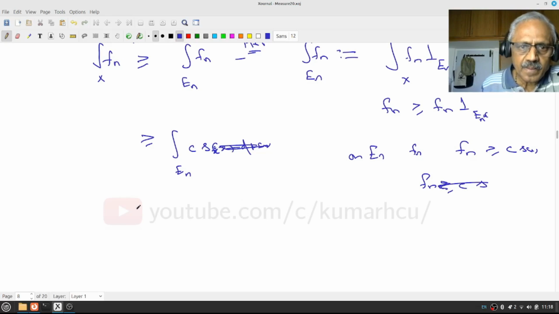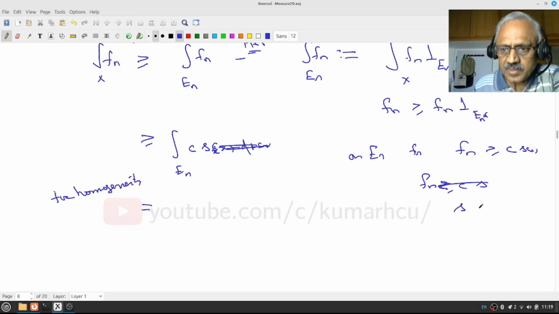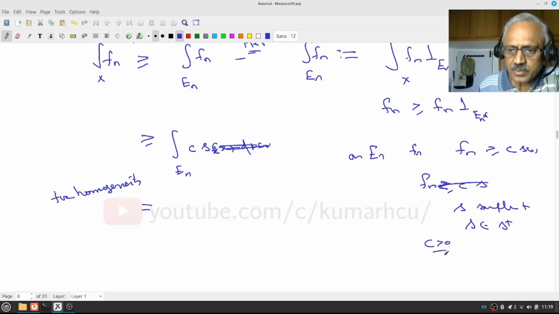But notice that this is by positive homogeneity. What does that mean? If s is simple, non-negative, s belongs to S plus, and c is positive, then the integral of c s we had already proved is c times the integral of s. I am using that.